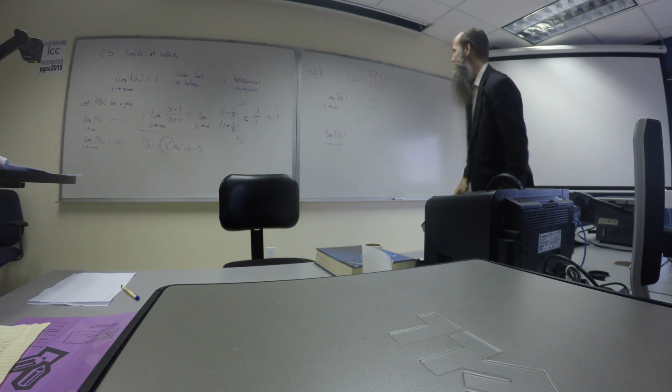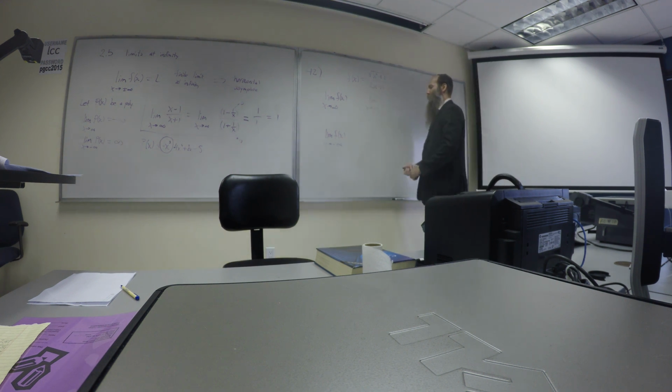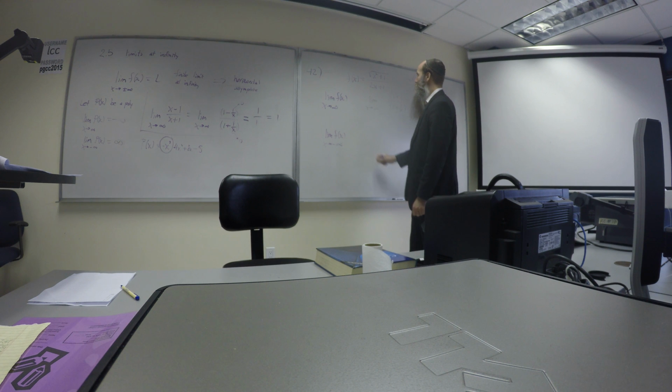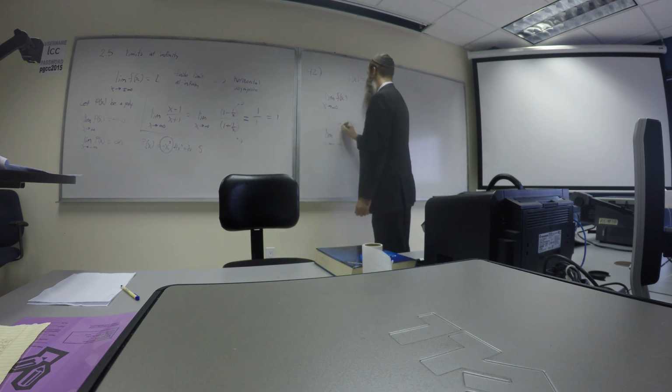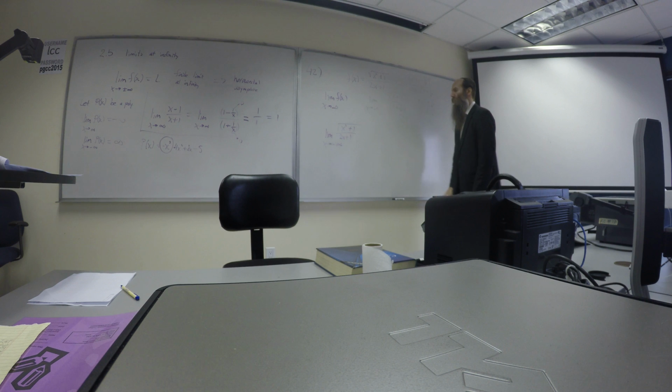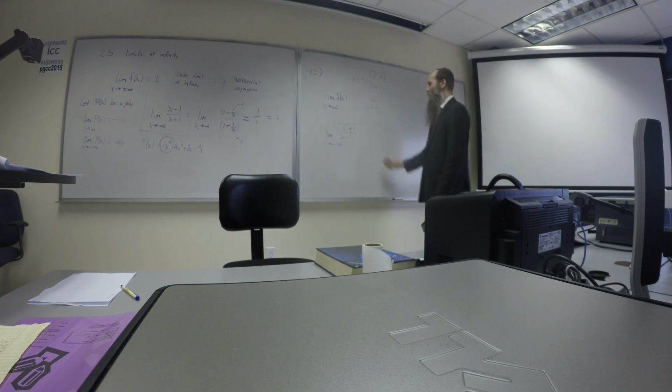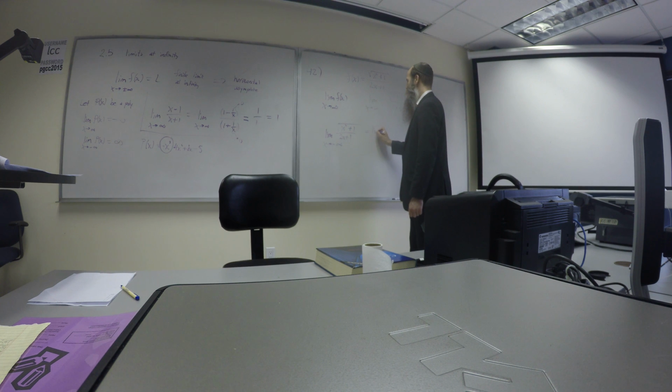What changes about the problem? So root of x squared plus 1 over 2x plus 1. We played the same game. Factor off whatever we need to factor off. So that part looks familiar.